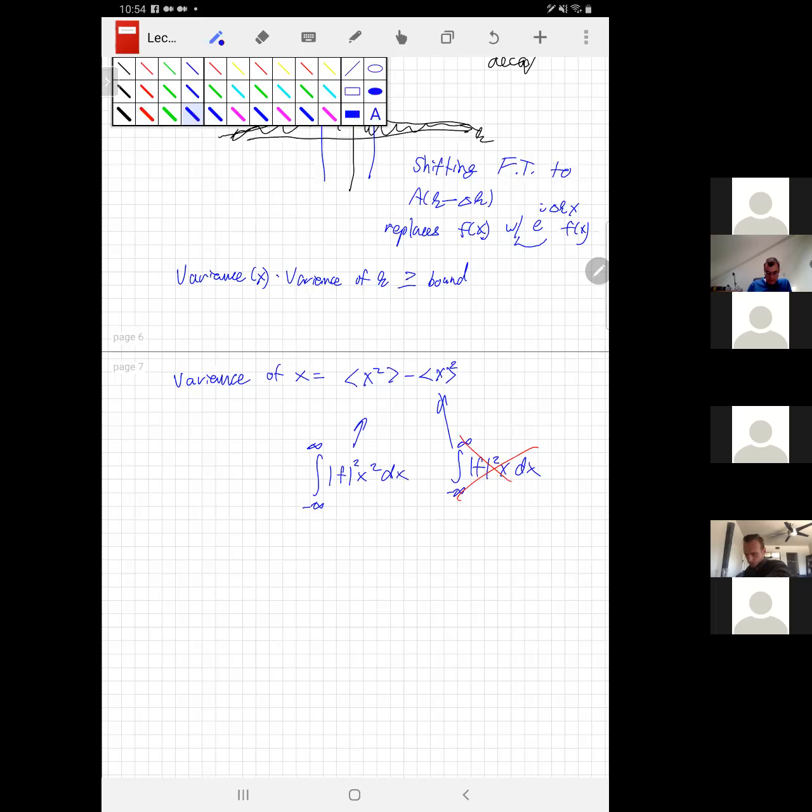And likewise, the variance of k is the average of the square of k minus the square of the average of k.